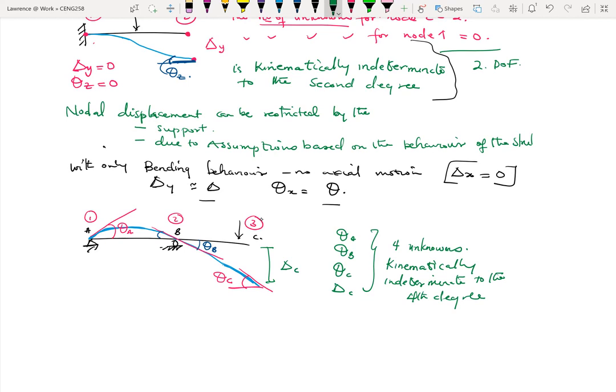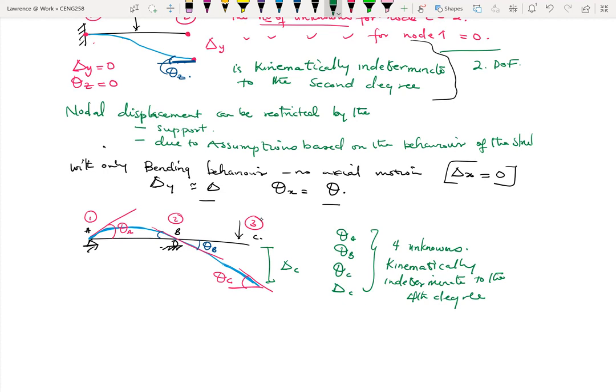But in terms of the displacement, it is kinematically indeterminate to the 4th degree, which means that if you apply a load to this beam, it is going to deflect downward at point C, and there are going to be rotations occurring at the various supports.